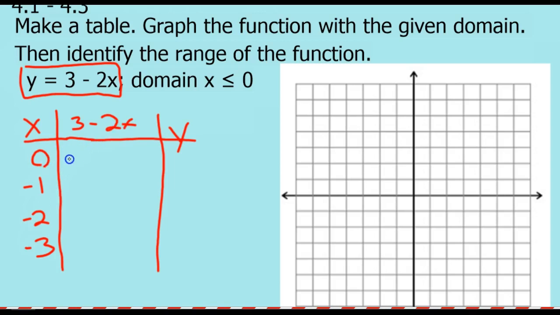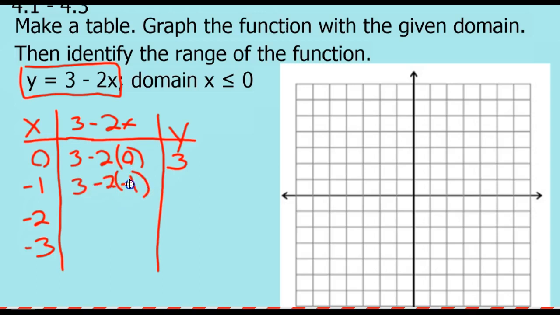So if I put 0 into our equation, then we get 3 minus 2 times 0. 2 times 0 is 0. 3 minus 0 is 3. 3 minus 2 times negative 1.